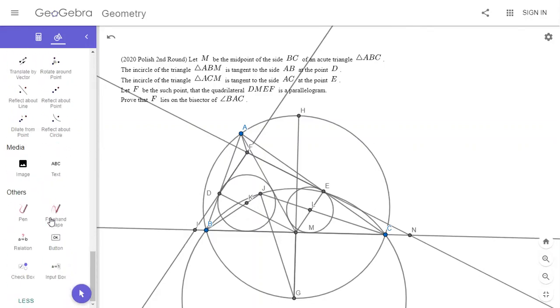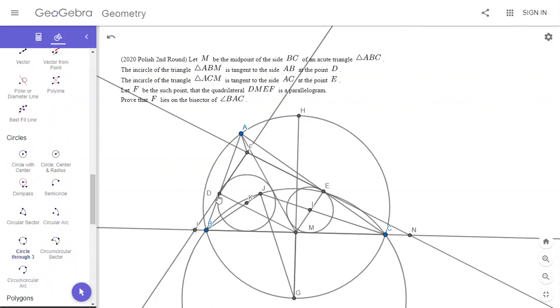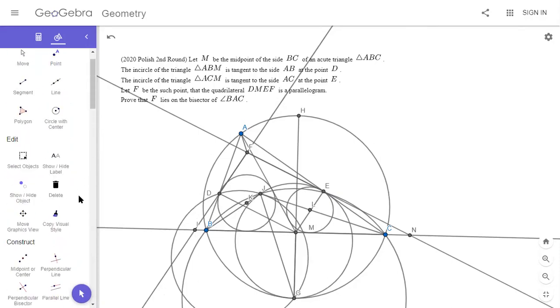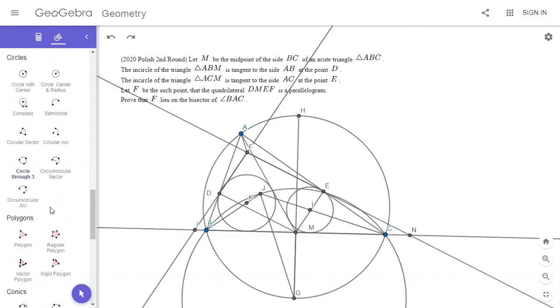Maybe they're cyclic. No. But maybe I could create some kind of... I'm trying to force the radical axis theorem here.